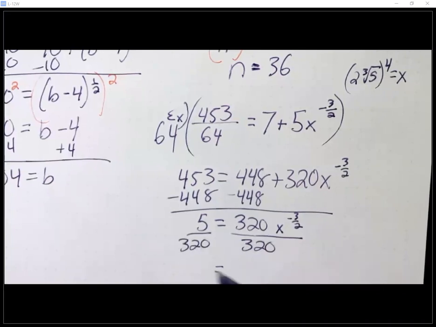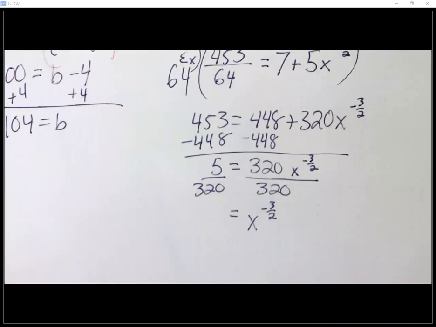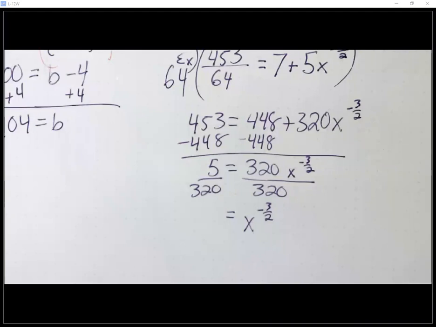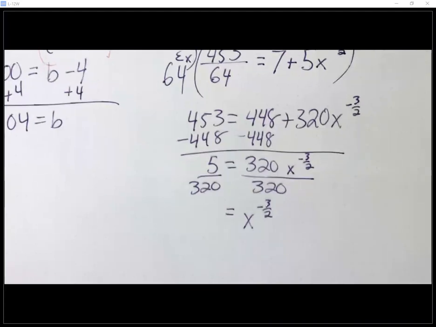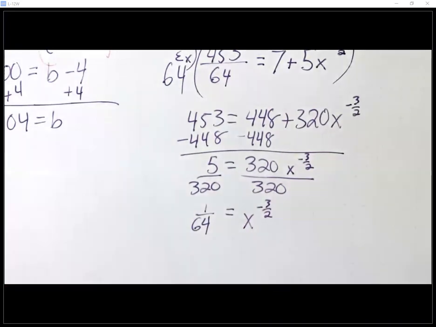So now on the right-hand side, I have that all by itself. On the left, I can reduce 5 over 320 is 1 over 64. All right, now step 1 is done.